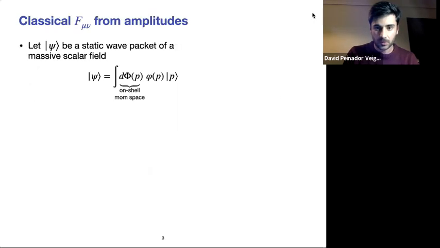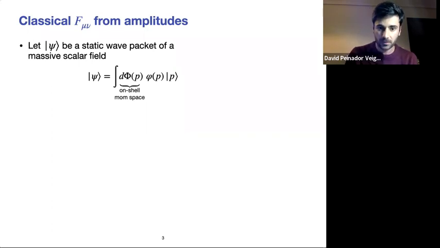So let's start by looking at how to recover the classical field generated by a point particle using 3-point amplitudes. To set the stage, we are going to consider the state psi, which is a static wave packet of a massive scalar field, defined like this, where dΦ is going to denote on-shell momentum integrals.